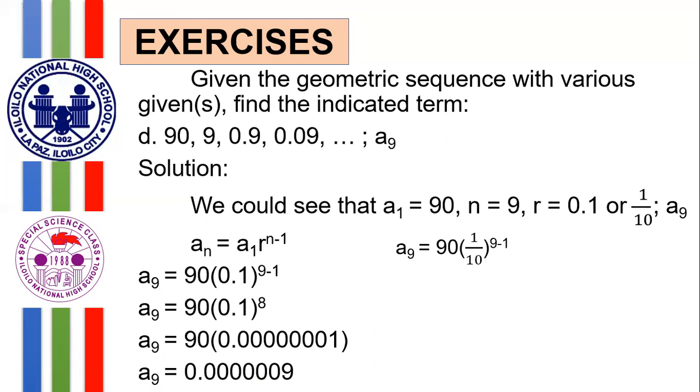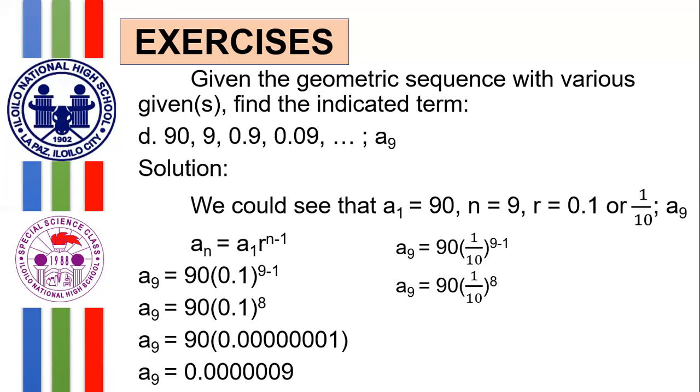However, suppose I'm going to utilize the fractional value of your common ratio. So you will have 90 times 1/10 raised to 9 minus 1 still.